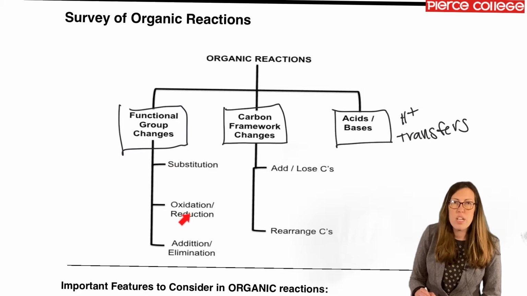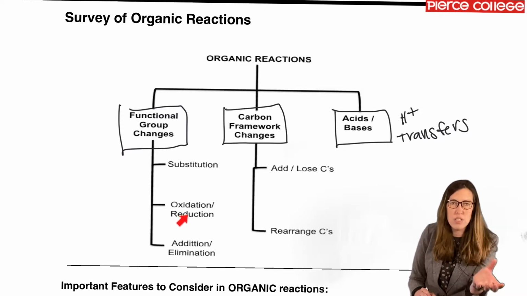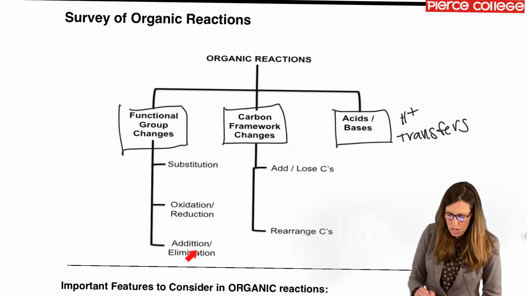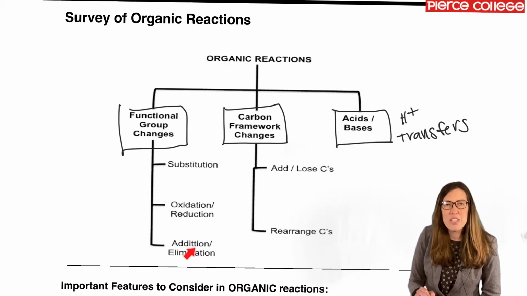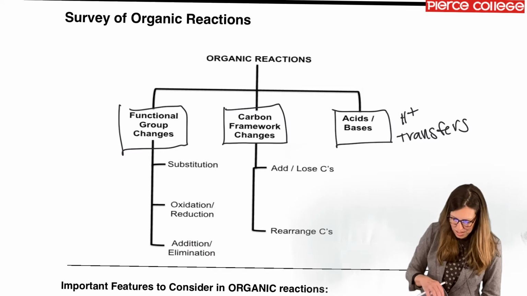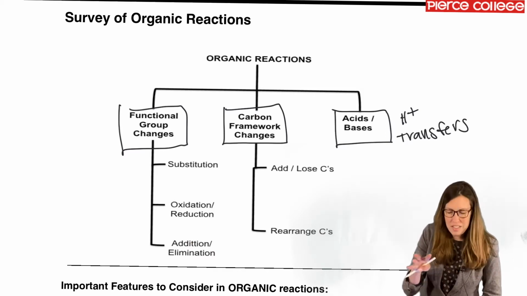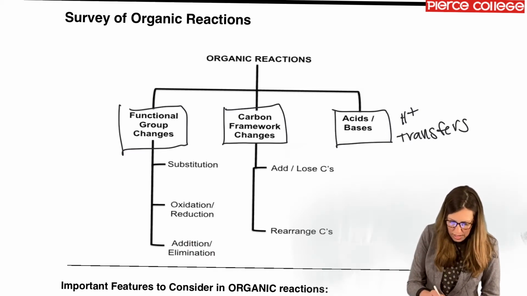But we will also change a group without taking it. So we could oxidize it or reduce it, but we didn't actually take that group away from the molecule. We can also do something called addition or elimination. All right, so those will all come into focus soon, but today the star is substitution.